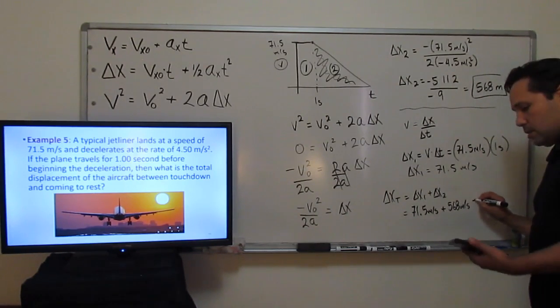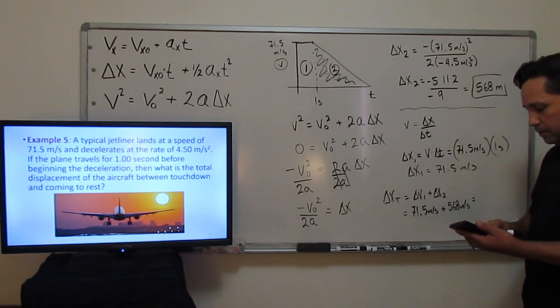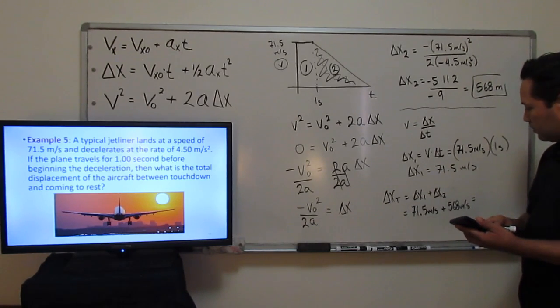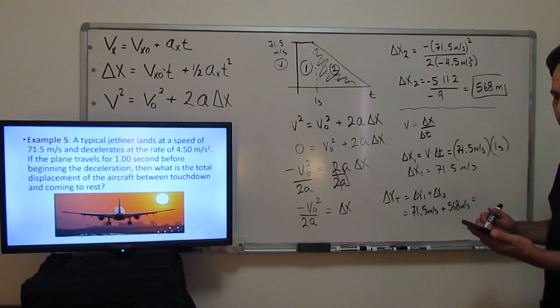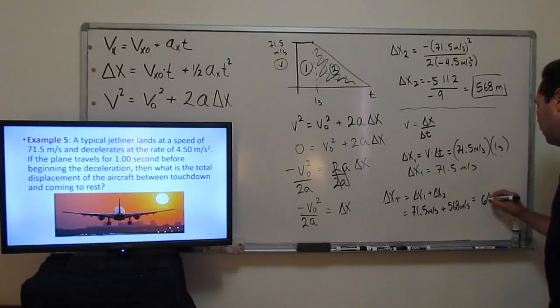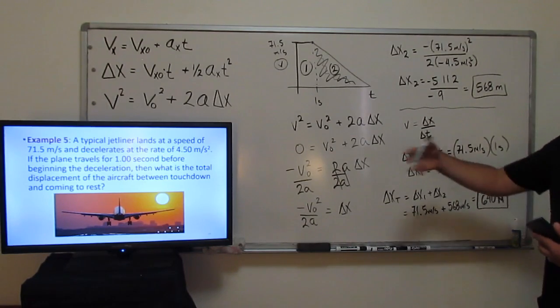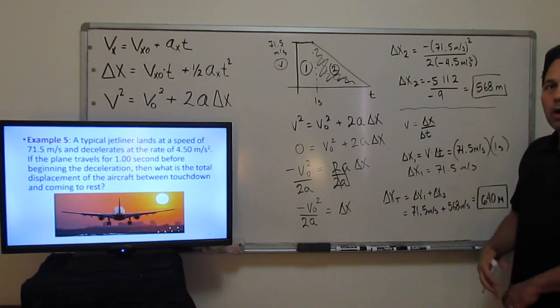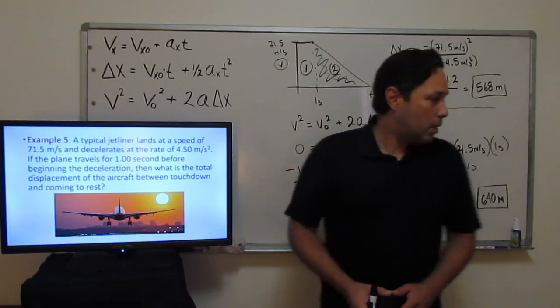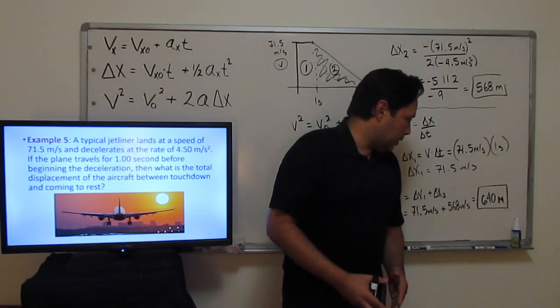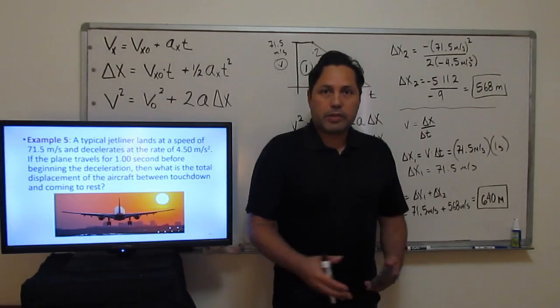That gives us a grand total of, we're going to round it off a little bit, 640 meters. That would be the length that this plane would travel as it's slowing down to come to a full stop. Alright, 640 meters. That takes care of this problem.